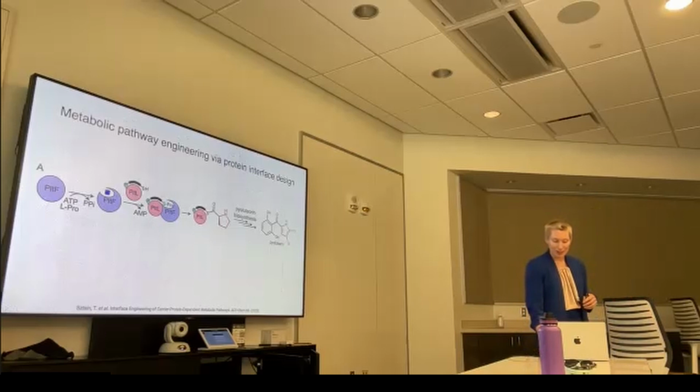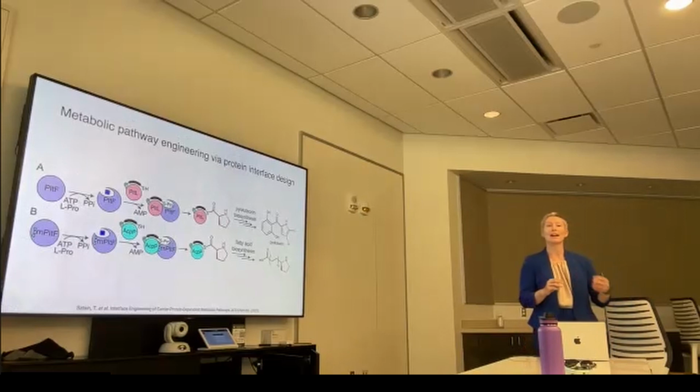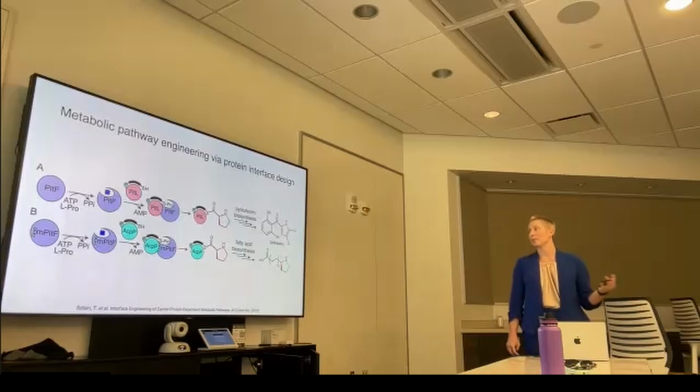And so we look at this system. Like I said, fatty acid biosynthesis is not the only pathway that's doing this kind of mechanism. We also have analogous pathways. So there's this other pathway involved in polyurine biosynthesis, where instead of an acyl carrier protein, it's a carrier protein that's using amino acids to create non-ribosomal peptides.